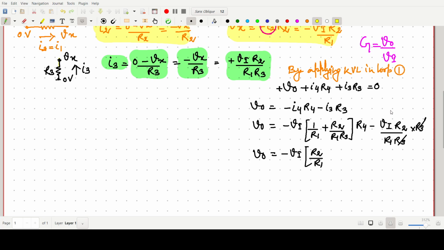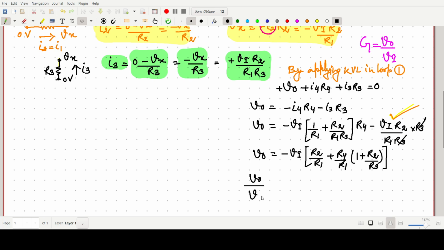This part is over. Now R4 by R1: if you take R4 by R1 common from both sides, in the bracket we can write 1 plus R2 by R3. Very simple calculation, R4 by R1 outside, so 1 plus R2 by R3.